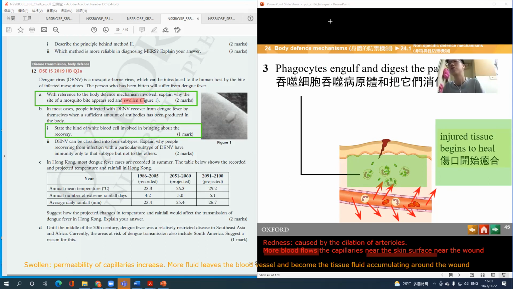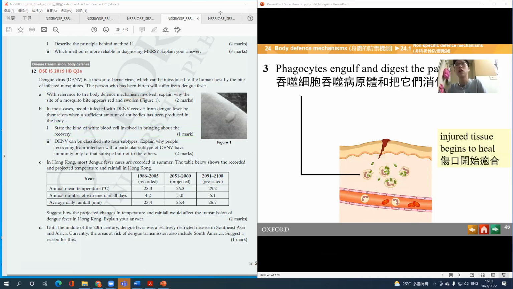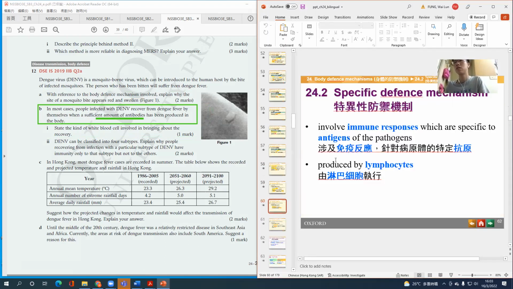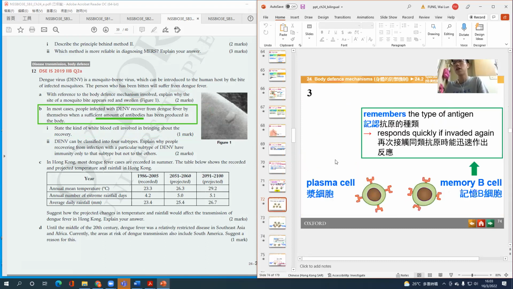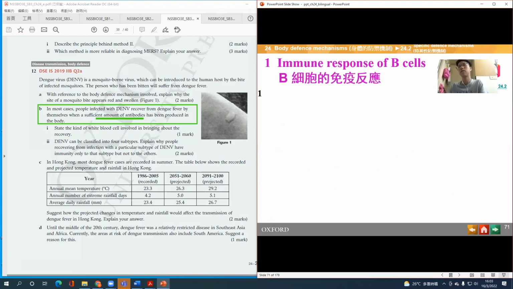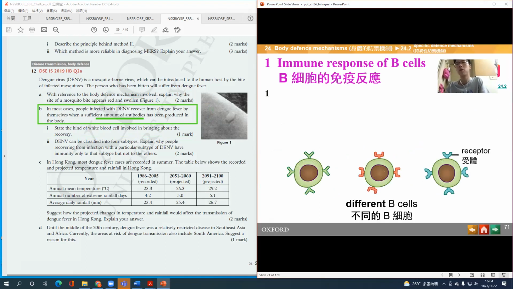Okay, I assume you have copied all these. So part B, we say people infected will recover when a lot of antibodies are produced. The part about antibodies is here. Okay, immune response.